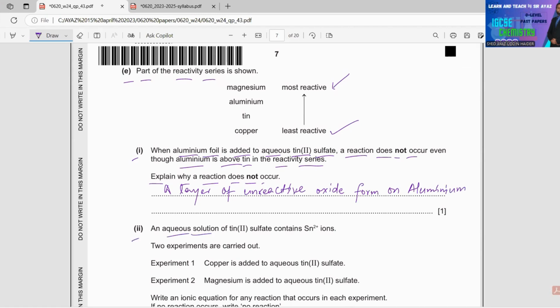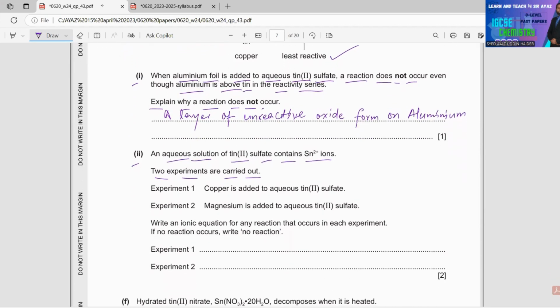Part 2. An aqueous solution of tin(II) sulfate contains Sn2+ ions. 2 experiments are carried out. Experiment 1. Copper is added to aqueous tin(II) sulfate. Experiment 2. Magnesium is added to aqueous tin(II) sulfate. Write an ionic equation for any reaction that occurs in each experiment. If no reaction occurs, write no reaction. So experiment 1, you are adding copper to aqueous tin sulfate.